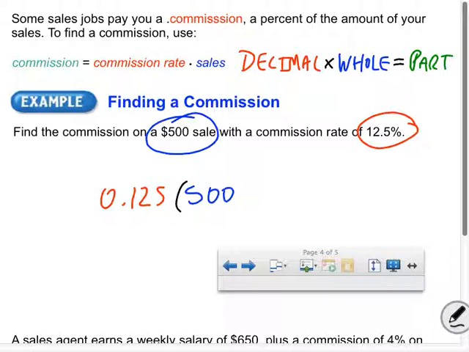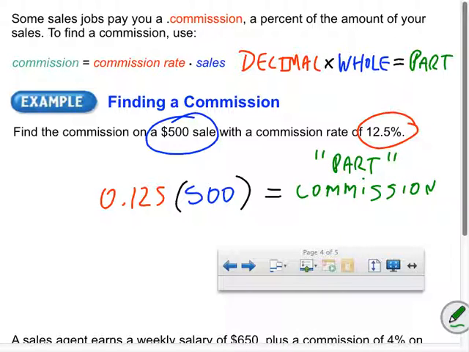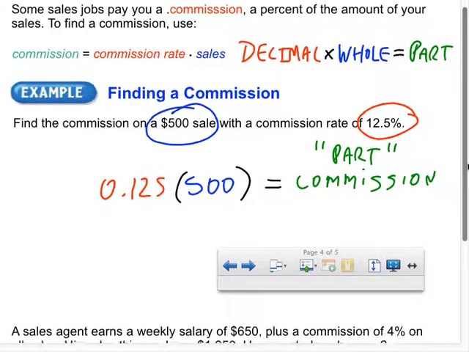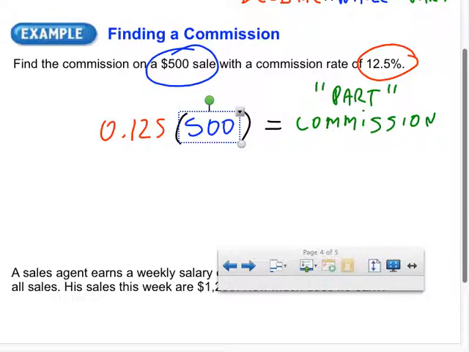And so we'll know what our commission is if we multiply that out. Okay, that's the part. And this one's pretty easy. You're probably already done with it.